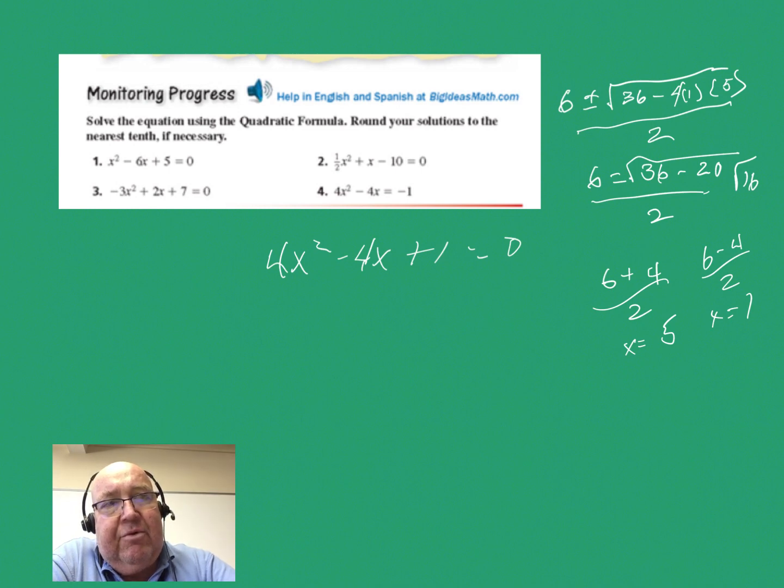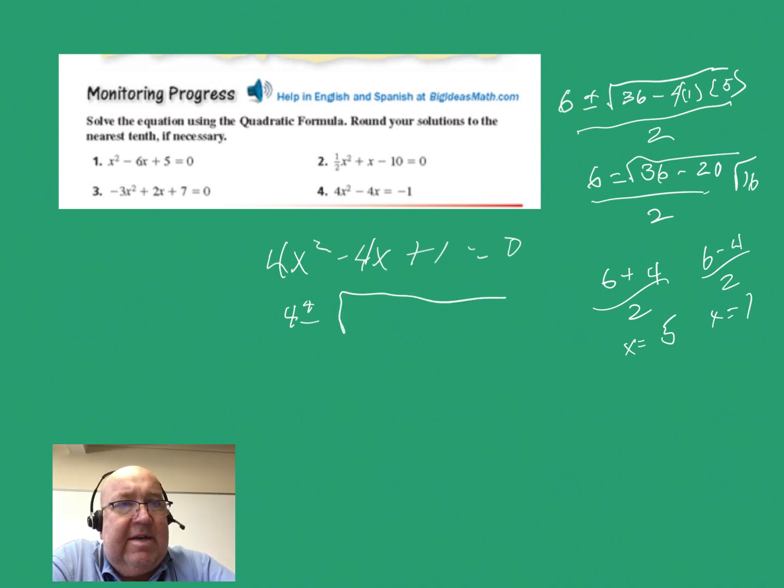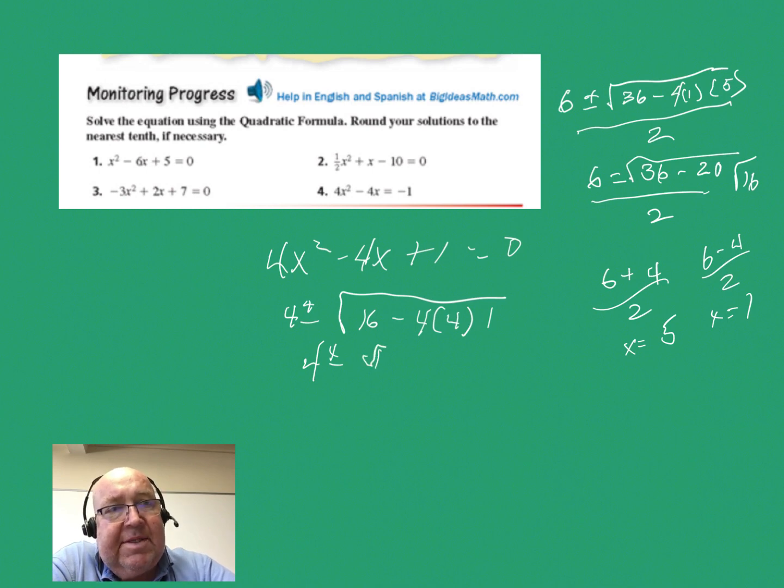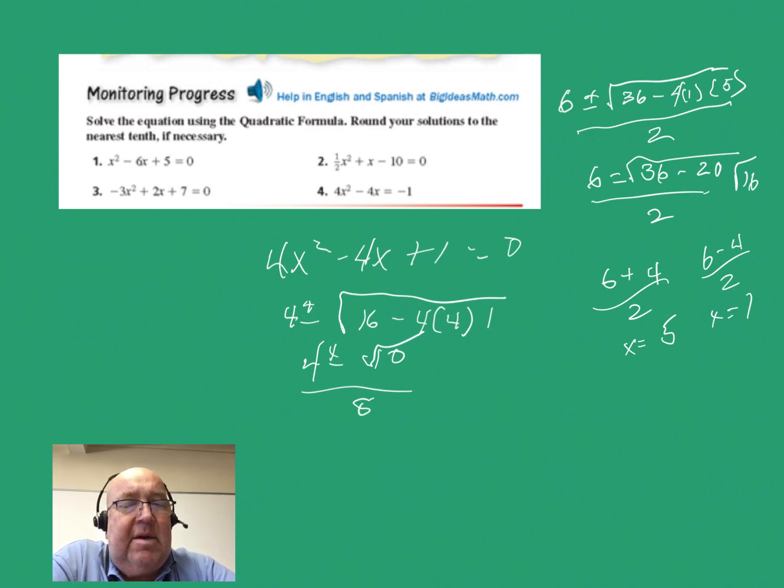Our b is negative 4, so it's going to be 4 plus or minus the square root of 16 minus 4 times 4 times 1. 4 plus or minus 16 minus 16 is the square root of 0, over, and I forgot to multiply that, 8. So we end up with one solution, and it's 1/2. We get the square root of 0, which is 0.